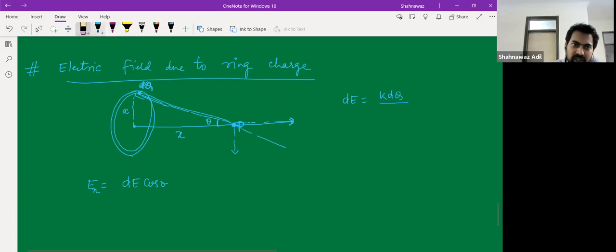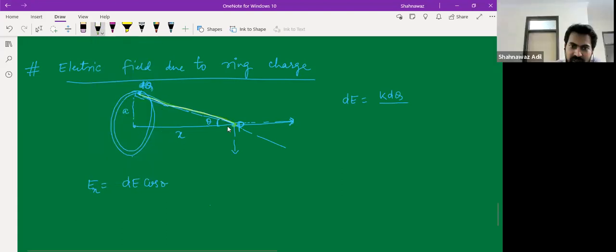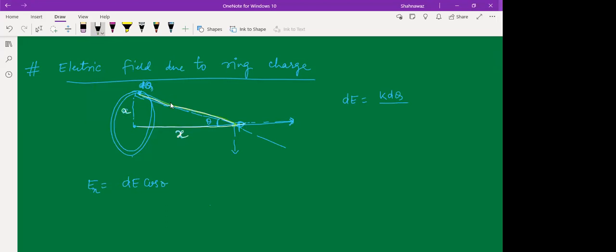This is x, so this would be root of x squared plus a squared.